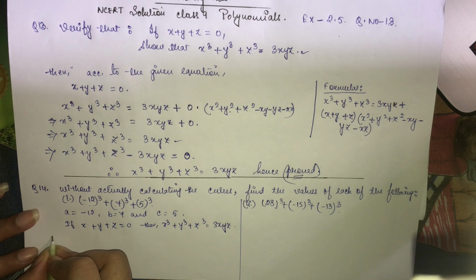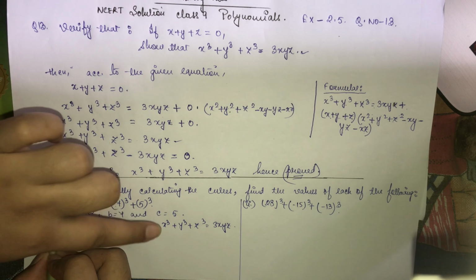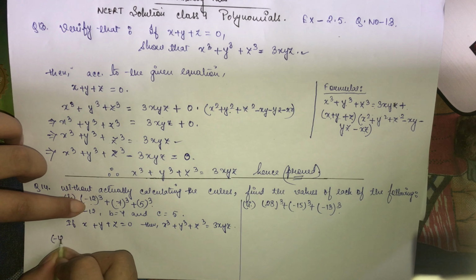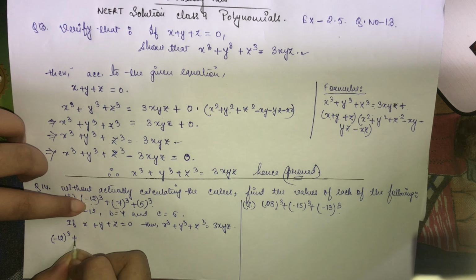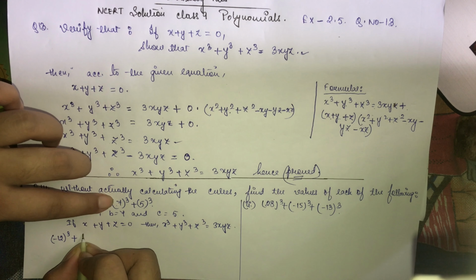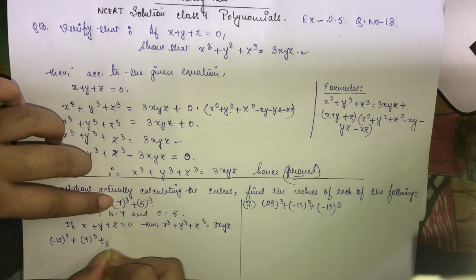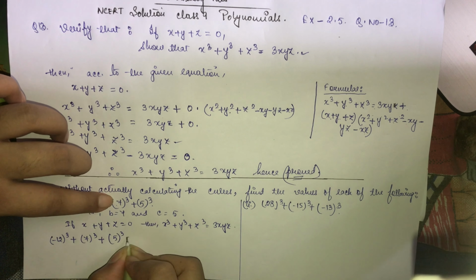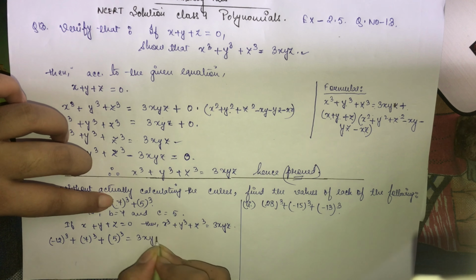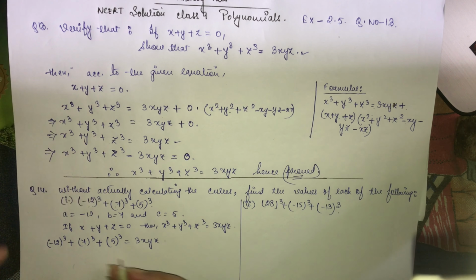Now let's put the values. X means minus 12, so minus 12 cube plus y means 7, so 7 cube plus z means 5 cube equals 3xyz.